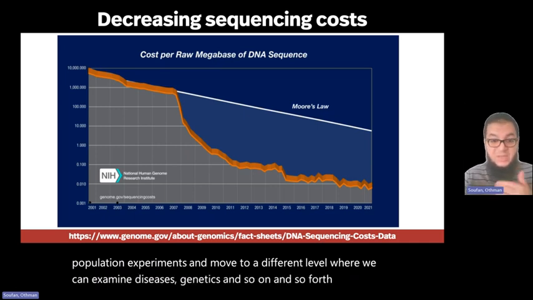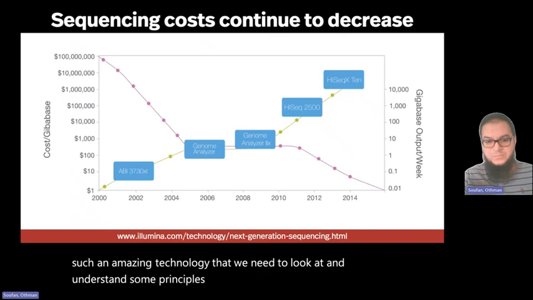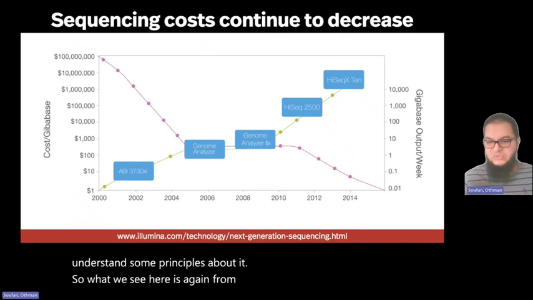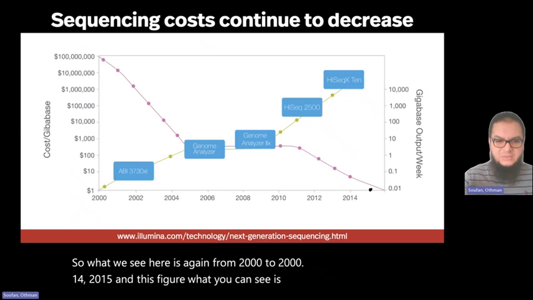So this is such an amazing technology that we need to look at and understand some principles about it. What we see here is from 2000 to 2014, 2015. In this figure, you can see there are two curves.